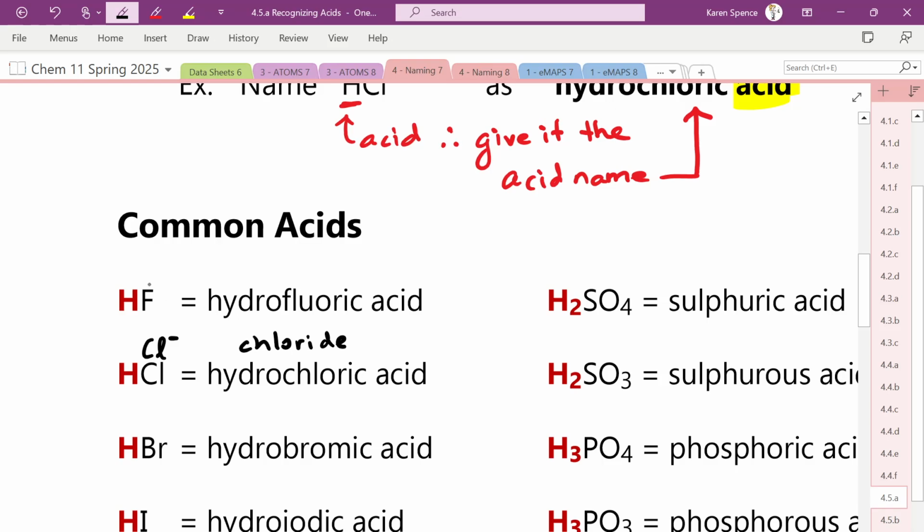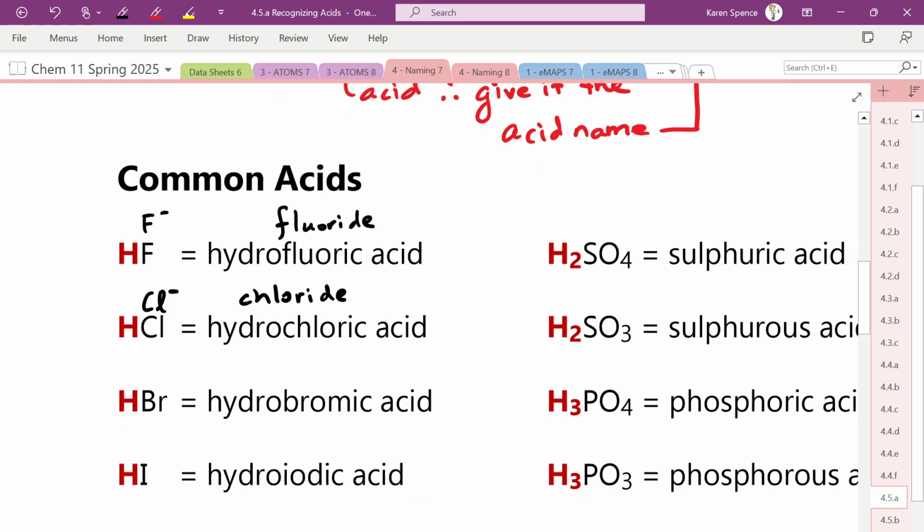What is the name of the F- ion? It's named fluoride, yes? And we have H plus with Br minus, that is bromide.